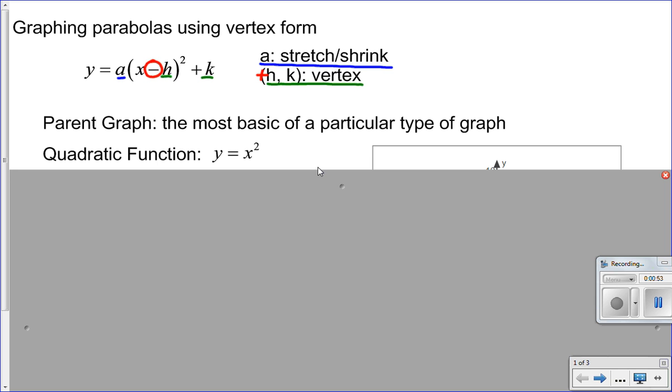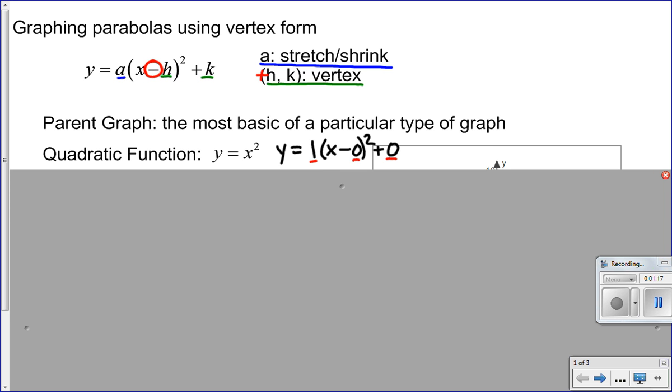If I actually write out the equation with all the variables and their values, it'll be y equals 1 times x minus 0 squared plus 0. This is now showing the values of a, h, and k.